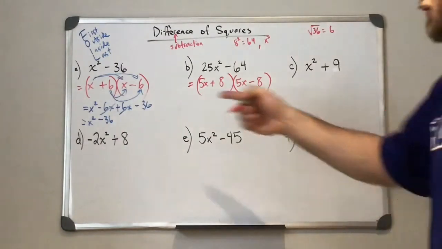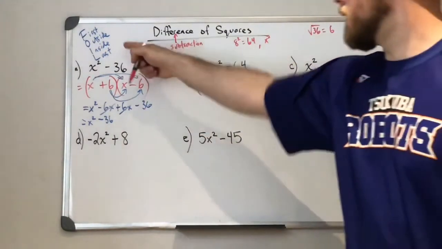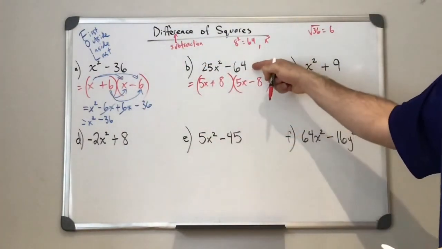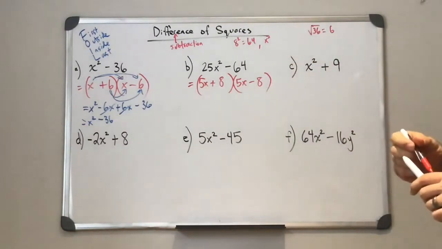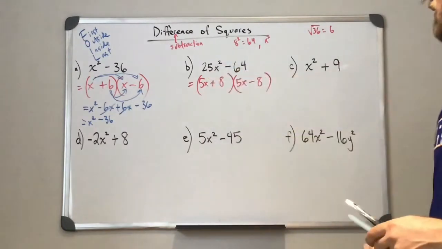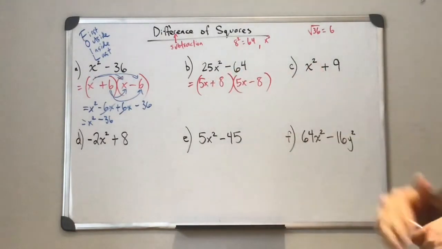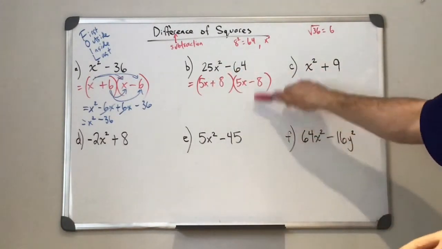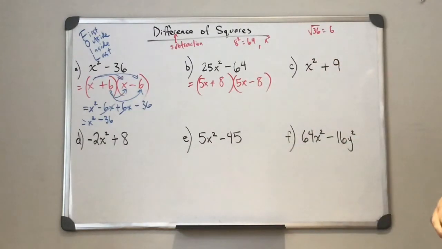Now if I wanted to, I could use FOIL to expand to get back to our original equation here, and that would work out. So 5x times 5x will give us 25x squared, we would keep going from there, and it would end up matching our original expression here.